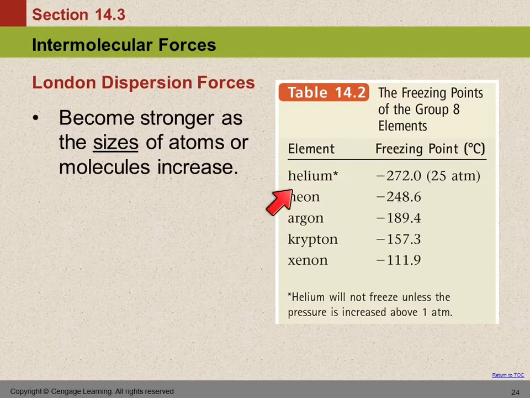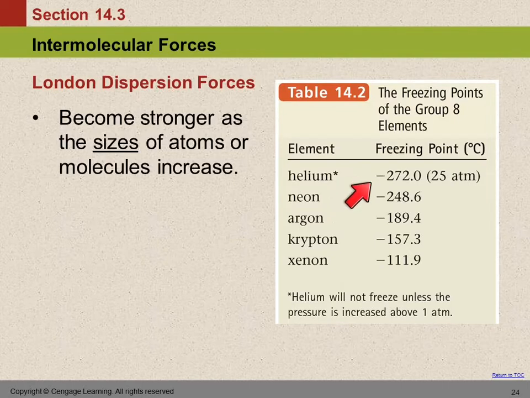And as we go down, these are in the order in the periodic table. Xenon has a molar mass of 131, and helium has a molar mass of 4. And we can use molar mass as kind of a gauge of how big a molecule is, or an atom. So xenon is larger. Xenon has a higher freezing point than helium does.